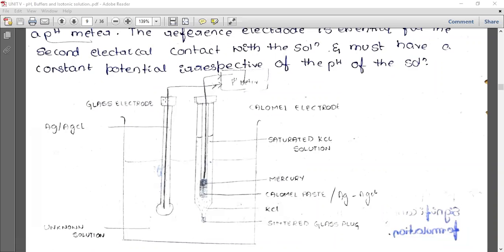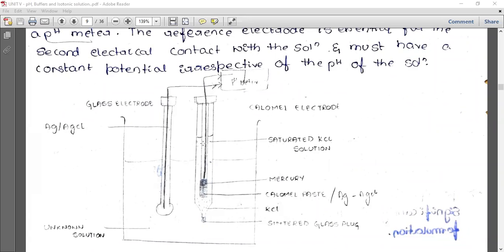Clear? So another electrode which is connected to this particular electrode, we call it a reference electrode, which is generally made up of silver chloride and mercury, filled with potassium chloride. Okay, so this is a reference electrode.